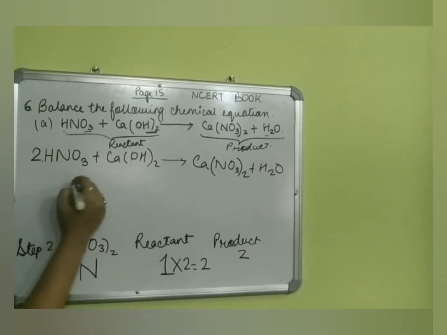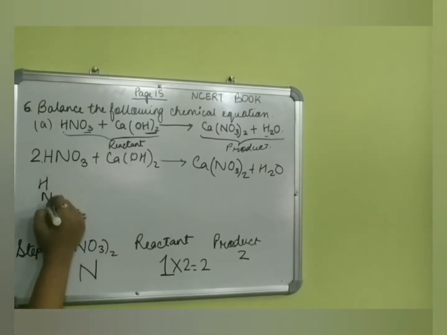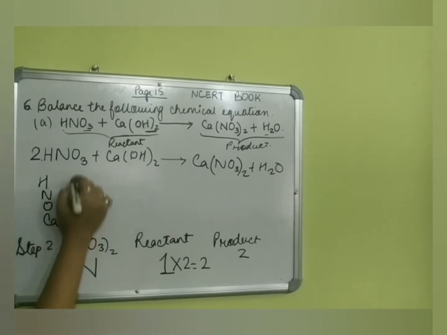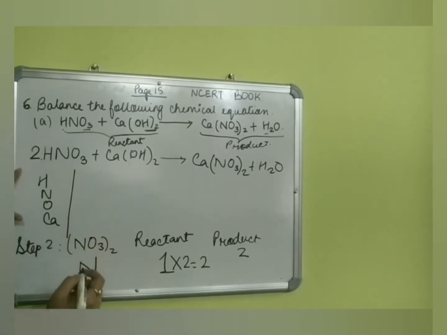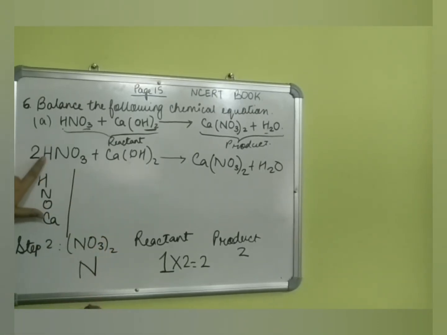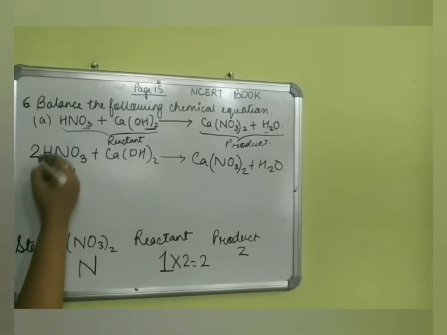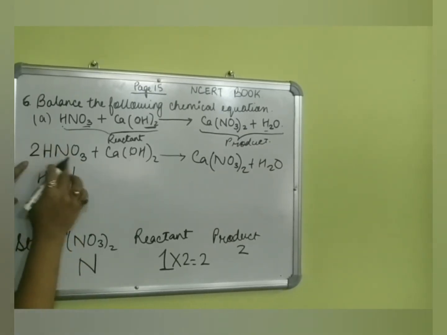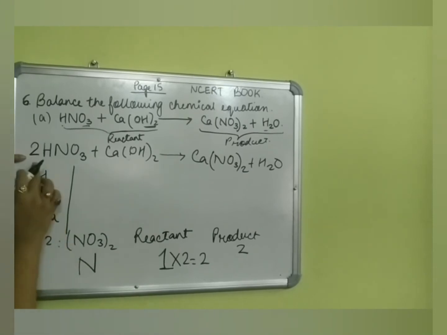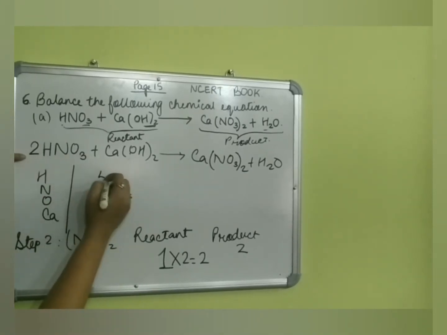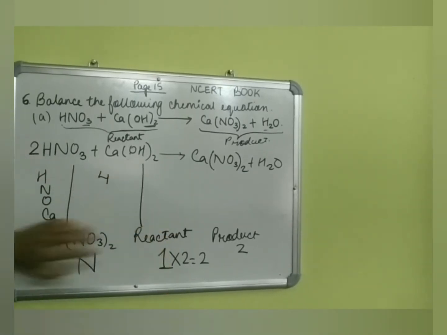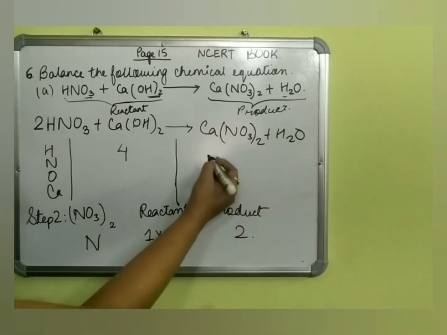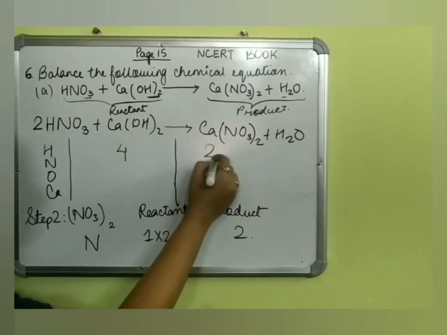So here I'm writing hydrogen H, nitrogen, oxygen, and calcium. Now the number of hydrogen will be 2 from here, and plus again from that side plus 2, it will be 4. 2 plus 2, 4. And in the product side I have only 2 hydrogen.